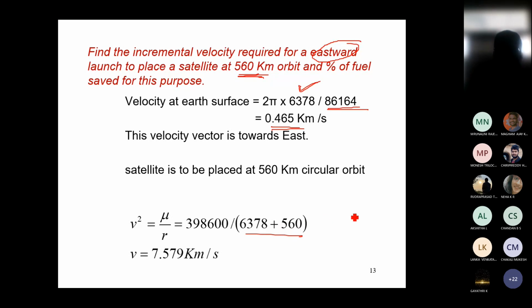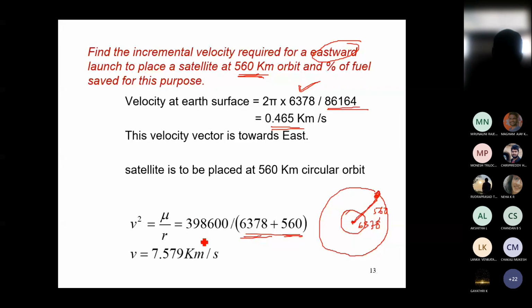6,378 plus 560. That means if this is the Earth and this is the satellite, this distance is 560 kilometers, and this distance is 6,378. Suppose this is the orbit of the satellite. The orbital radius is always calculated from the center of the Earth, so that's why we have added the radius of the Earth to the altitude of the orbit.